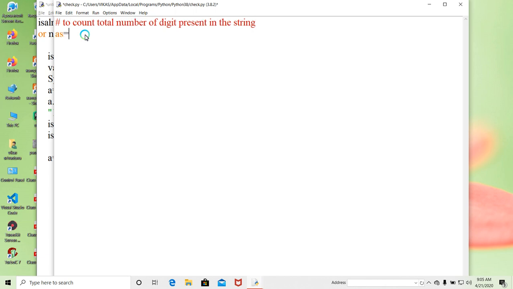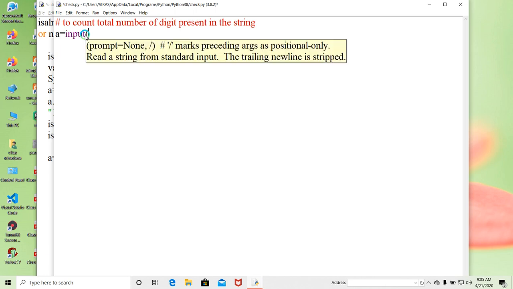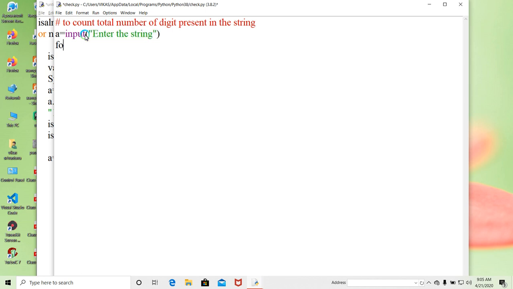What we will do: A is equal to input, enter the string, and we write for I in A, and we check if I isdigit, then Cn is equal to Cn plus 1, and before the loop I am going to define the value of Cn as 0, and now the loop is over.